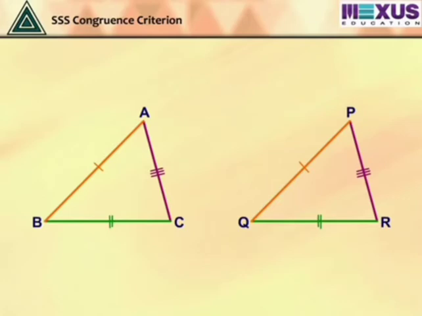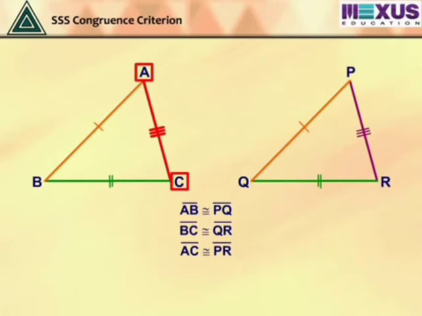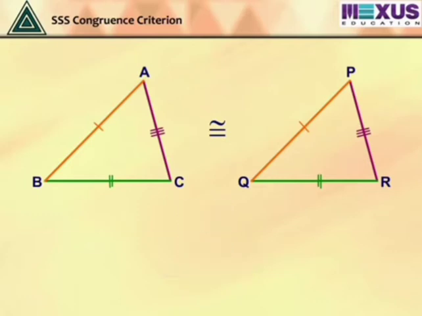AB and PQ are equal, BC and QR are equal, AC and PR are equal. So three sides are equal to the other triangle's three sides. So we can say by SSS criteria these two triangles are congruent. We can write triangle ABC is congruent to triangle PQR.